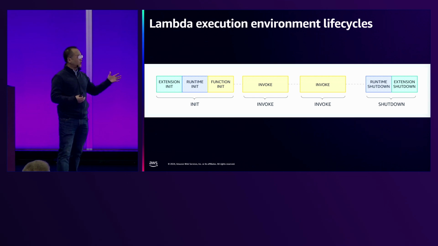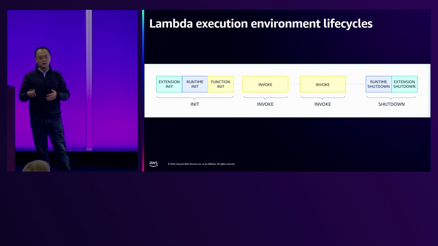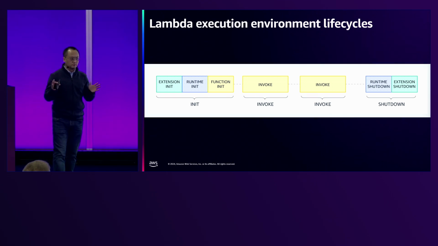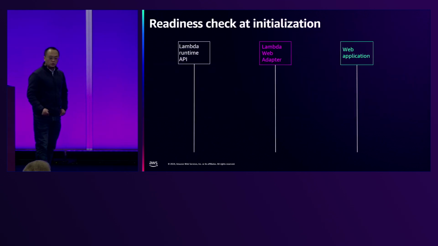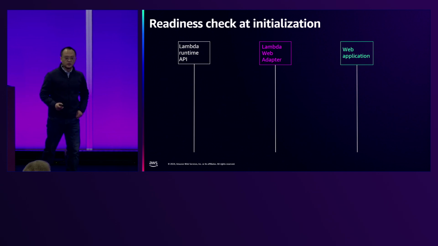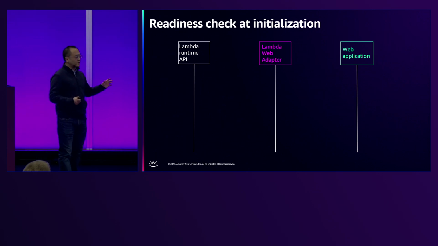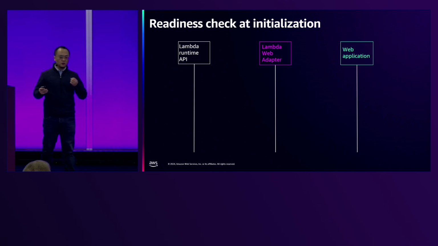Once this environment has been idle for some time, or it has reached maximum duration, it will be recycled, in the shutdown phase. But we need to look at the initialization phase, because this is the special phase that Web Adapter uses to make your web application run in Lambda.